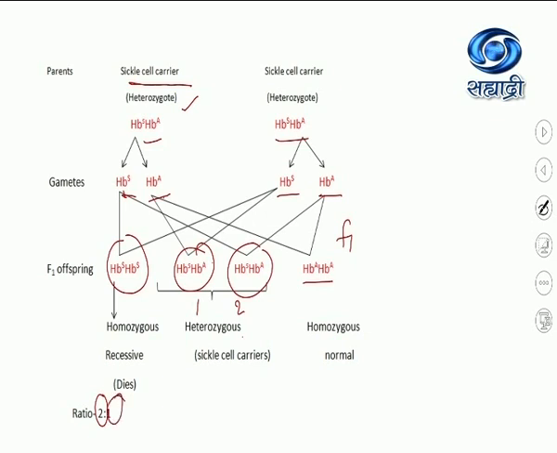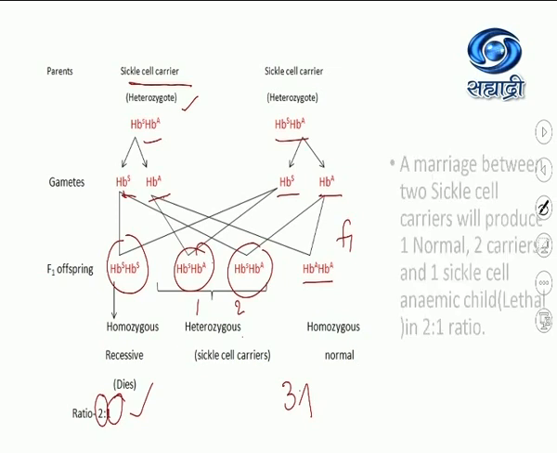So see how it deviated from the normal Mendelian ratio. According to Mendel, the normal ratio should be 3:1, but here it is 2:1, and here one gene is controlling many traits, pleiotropy. So this is neo-Mendelism, going away from the conclusions which Mendel gave. I hope you followed.